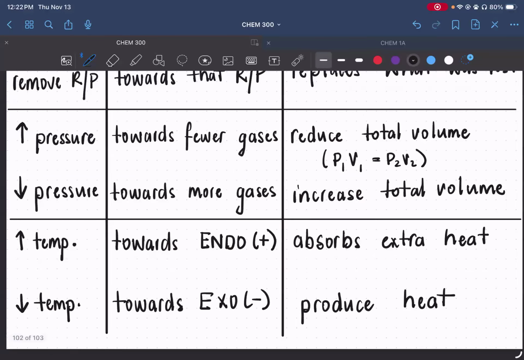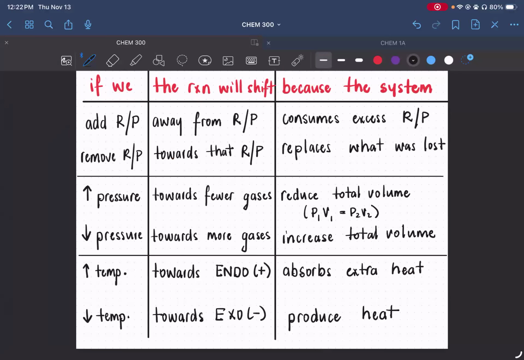And the reason for that is that it produces heat. These are the guiding principles that Le Chatelier bestowed upon us.